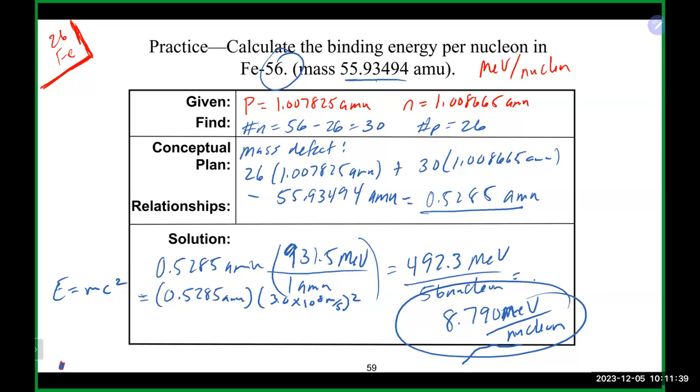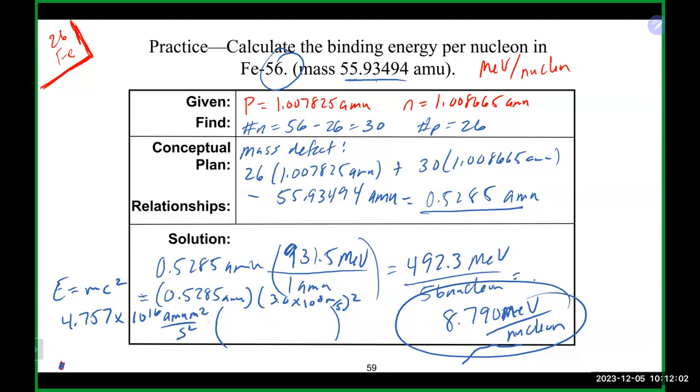If you did that, you would get 0.5285 times 3 to the 8 squared. That would get you something like 4.757 times 10 to the 16, and that would be AMU meter squared per second squared.